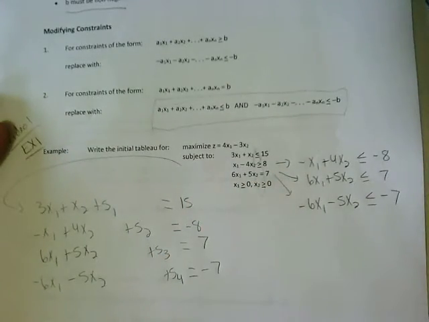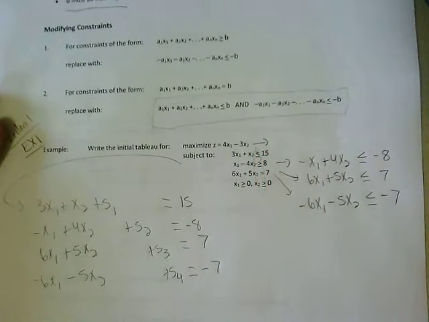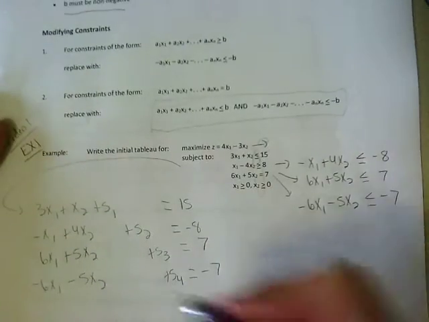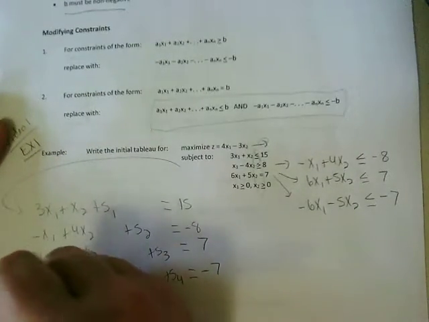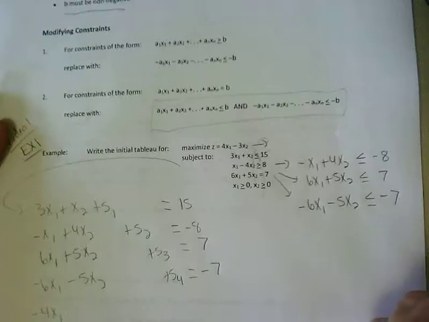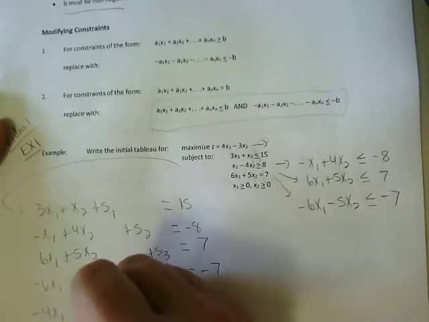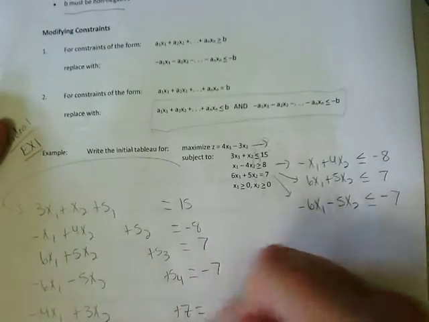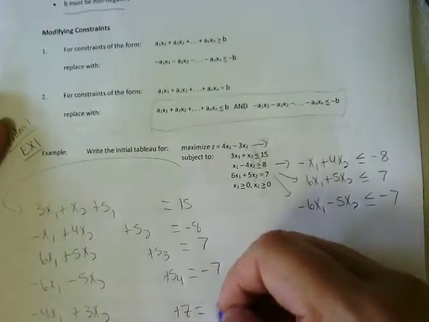And I can finally go ahead and put my maximization function in. That's going to give me, we'll just go ahead and write it down here, negative 4x1 plus 3x2 plus z equals 0. Okay?